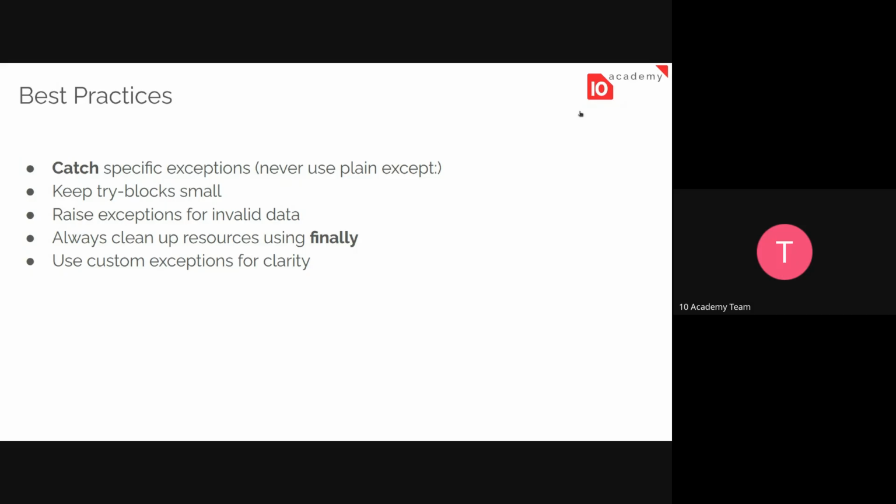Always clean up resources using finally, which is best practice, and use custom exceptions for clarity. These rules make our code predictable and maintainable, and also help us debug it easily.